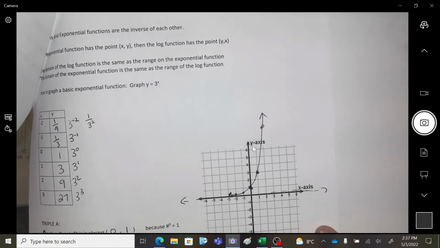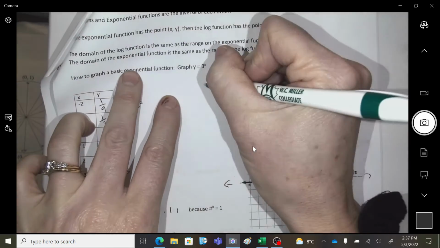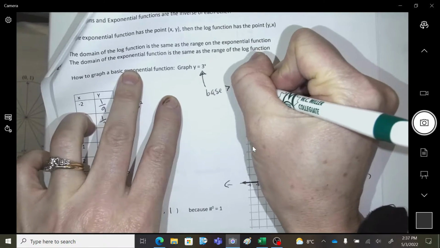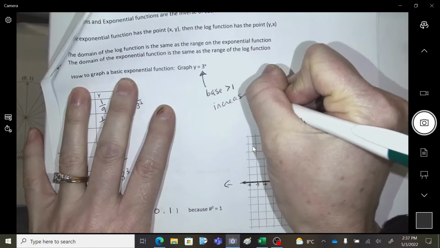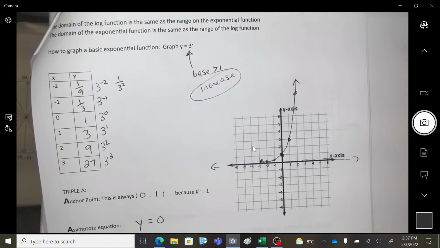Can I say this one is increasing? Here's why we're increasing. If this base is bigger than 1, you're going to increase. That's an increasing function.